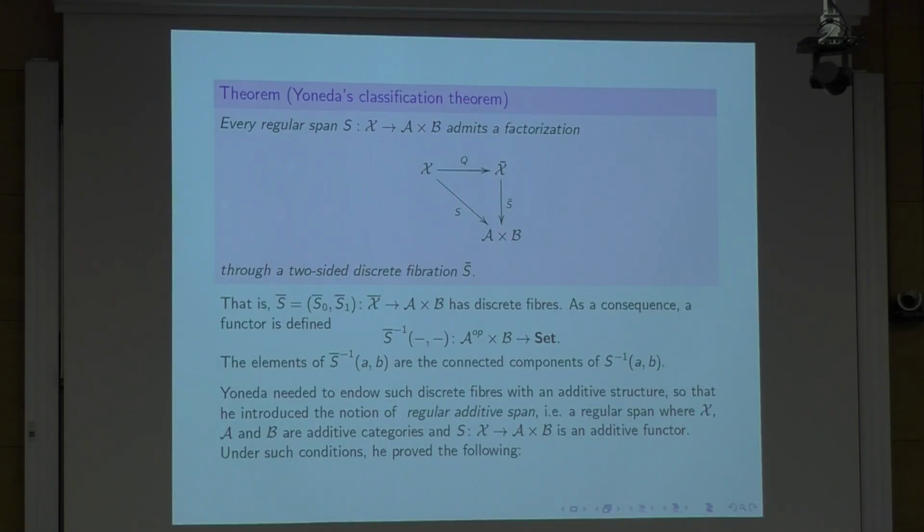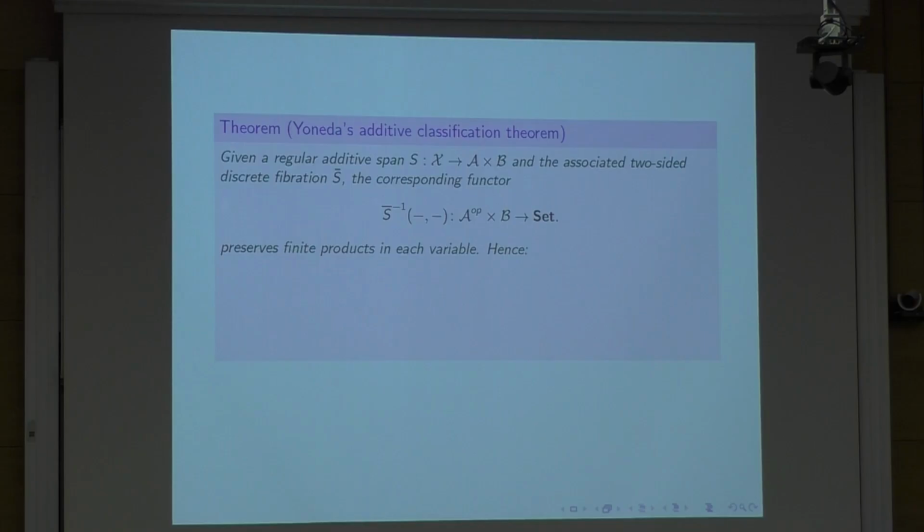So X, A, and B, and S is an additive functor. So under such conditions, he proved the second theorem in his paper, and he called this the additive classification theorem.